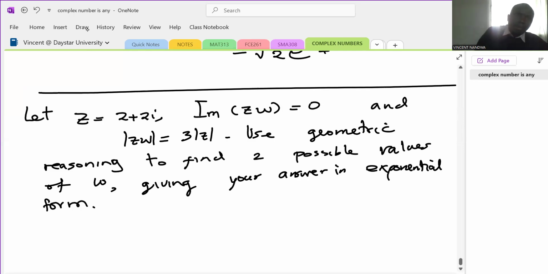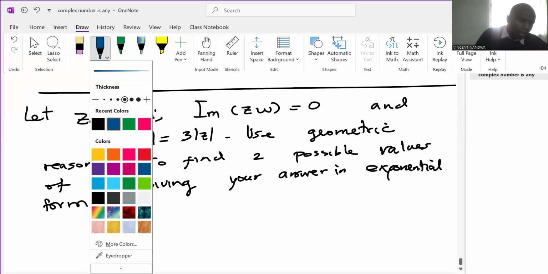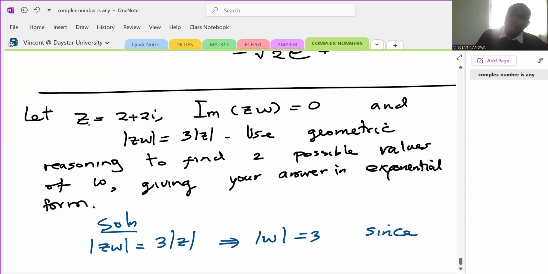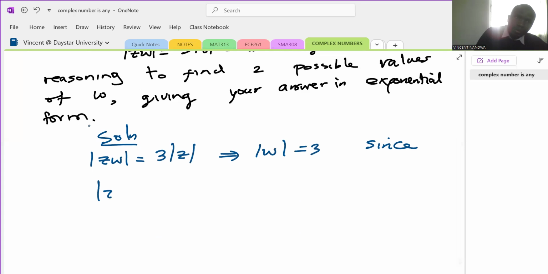So now, from this question, we have that the modulus of ZW is given by 3 times the modulus of Z. So this tells us that the modulus of W must be 3, since we know that the modulus of a product of 2 complex numbers is the same as the product of their modulus values.